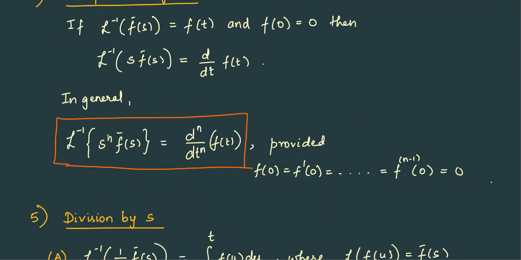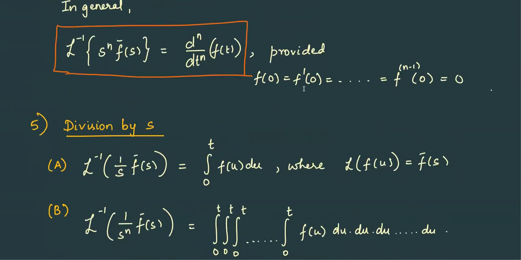And multiplying with s^n f bar of s, taking inverse, is the nth derivative of f of t, provided of course that f of 0, f dash 0, up to the (n minus 1)th derivative at 0 are all zeros. And then this is true.